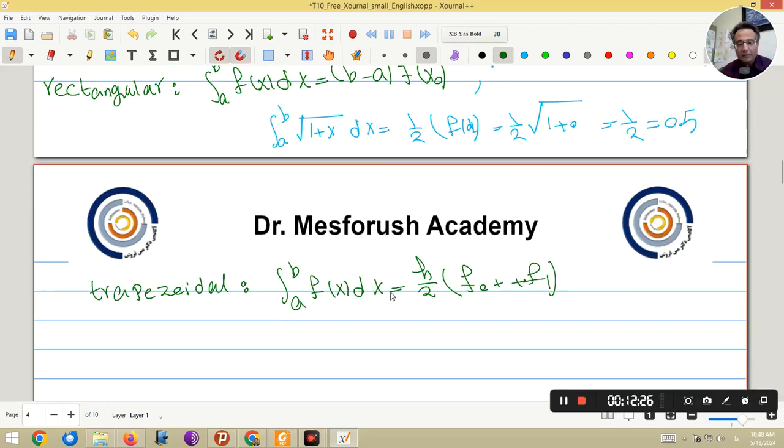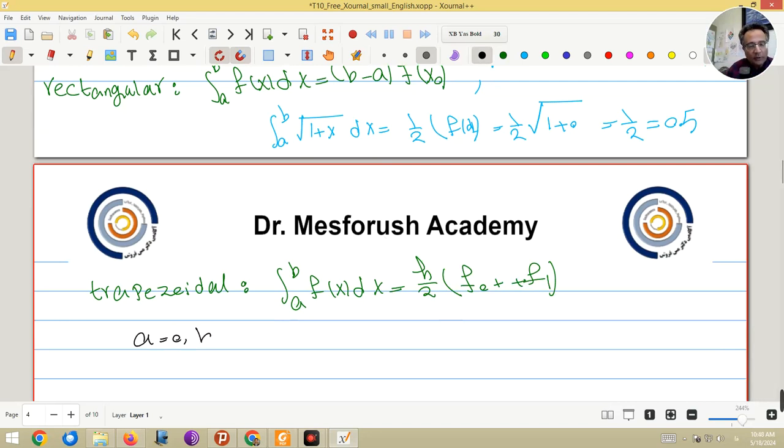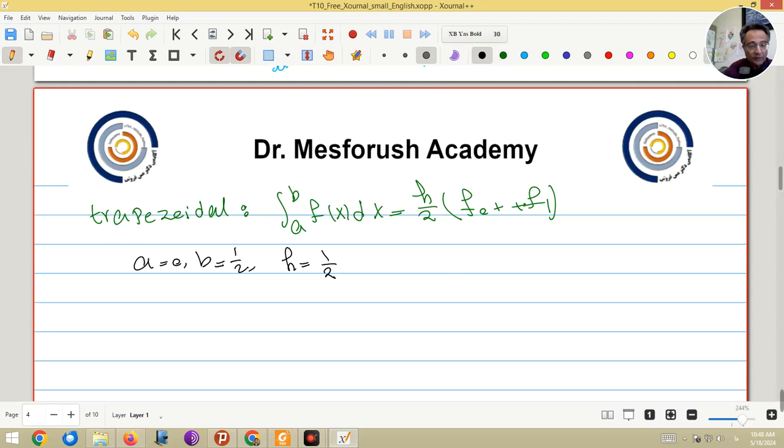So here we have to consider a equal to 0, b equal to half, and h equal to half.